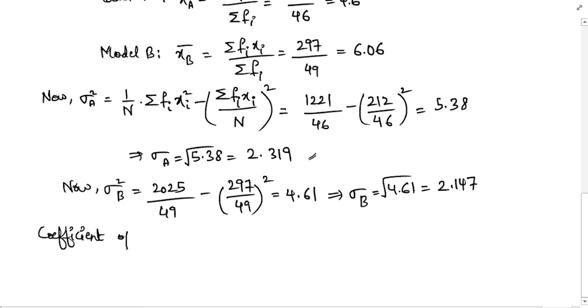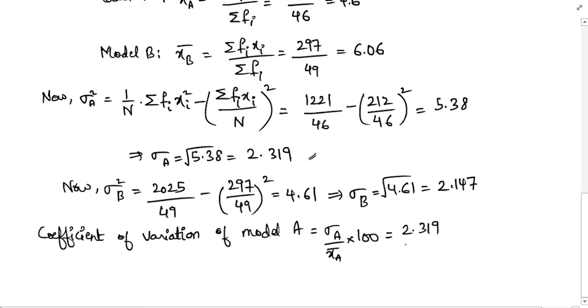Okay, so now the coefficient of variation of model A is equal to sigma A by x A bar into 100, that is equal to 2.319 divided by 4.6 into 100, that is equal to 50.41.